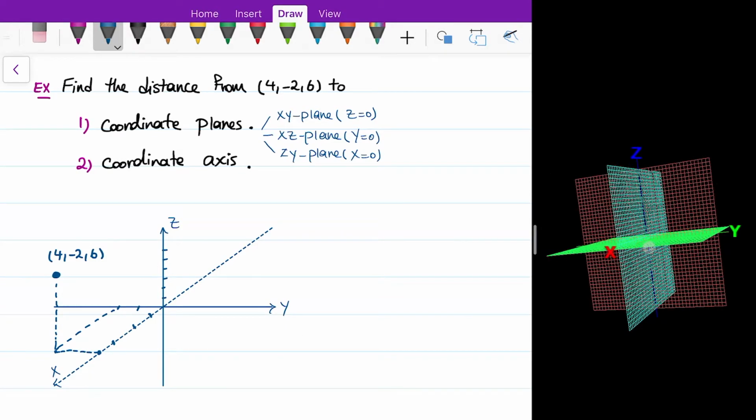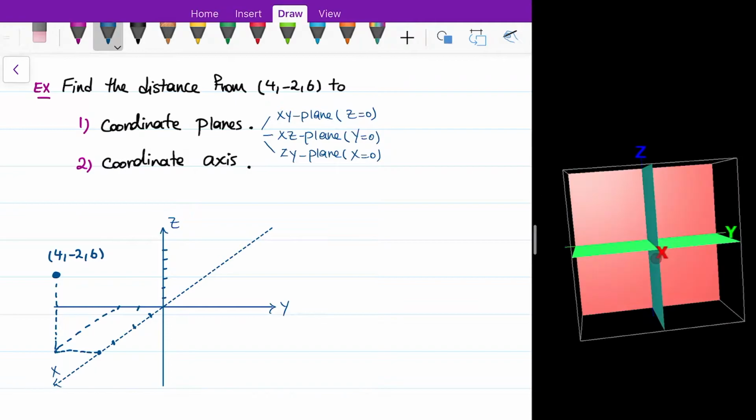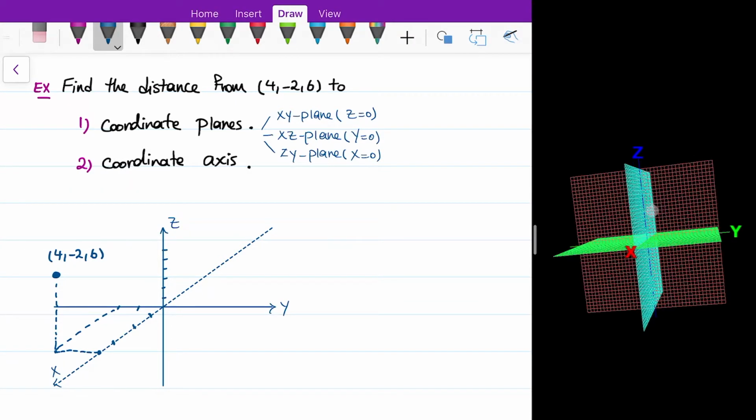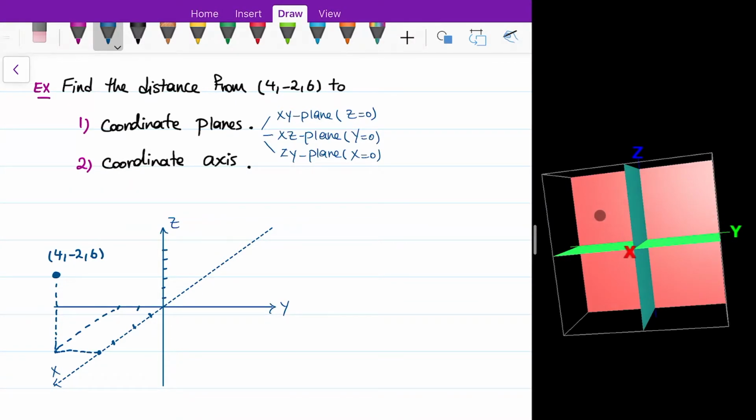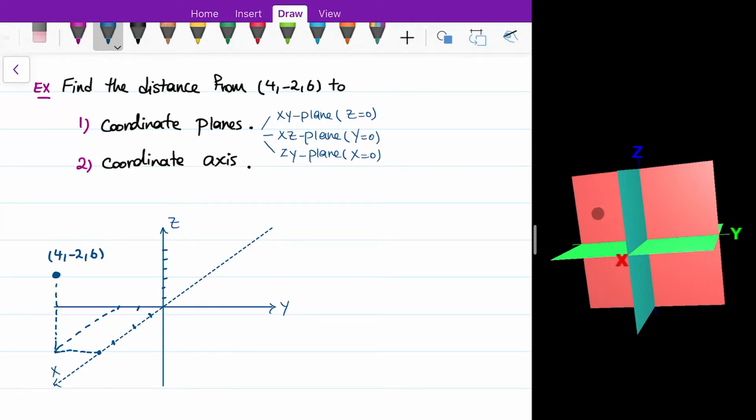So if this label is the positive x-axis, this one is the positive y-axis, and this one is the positive z-axis, the point is basically in this octant, here.